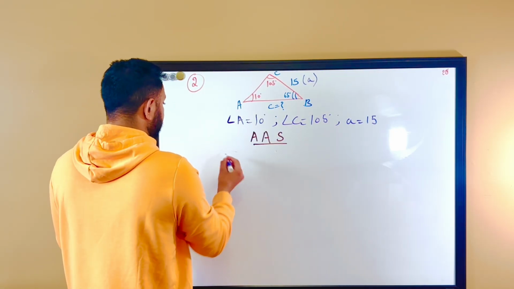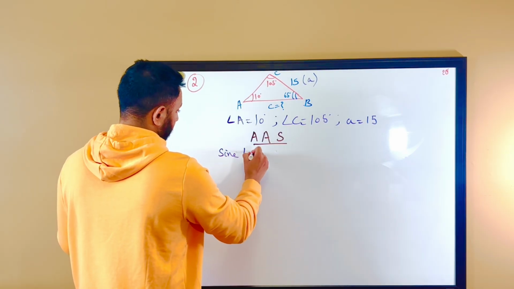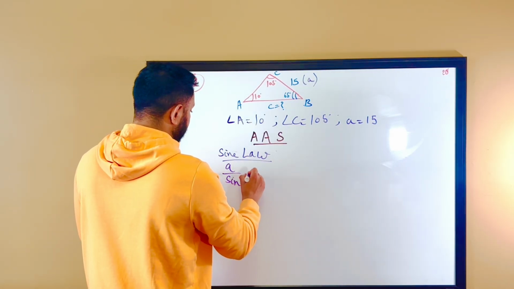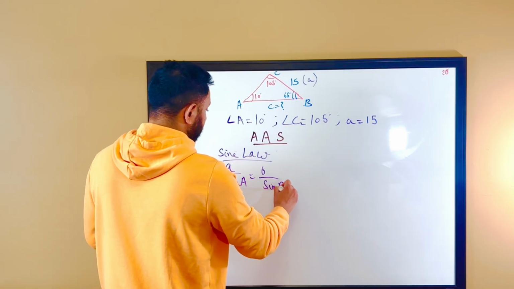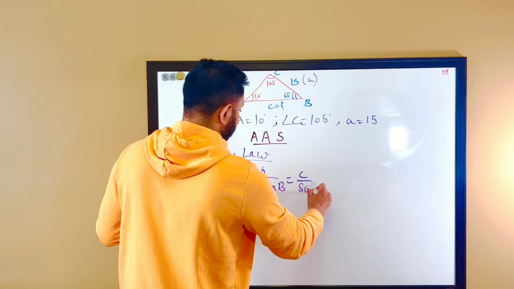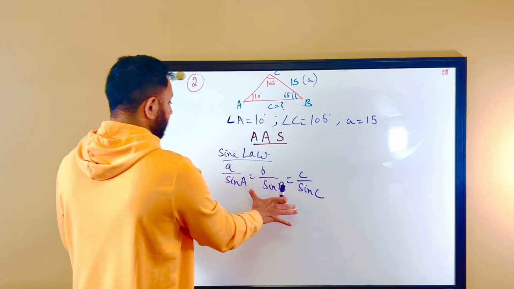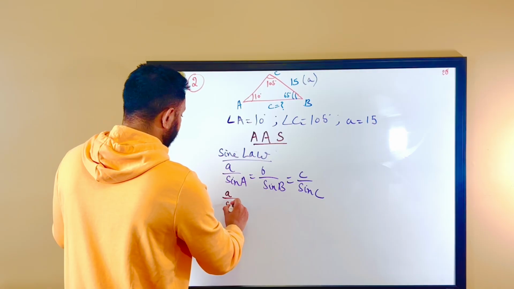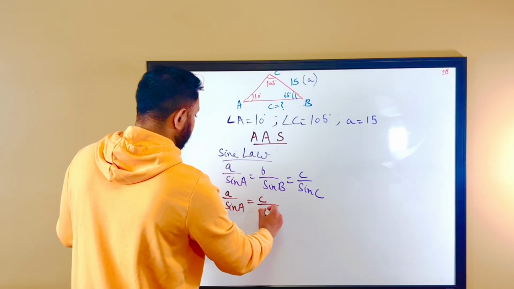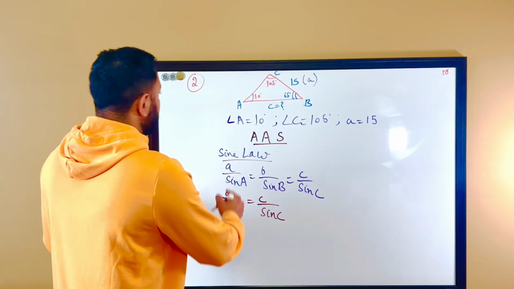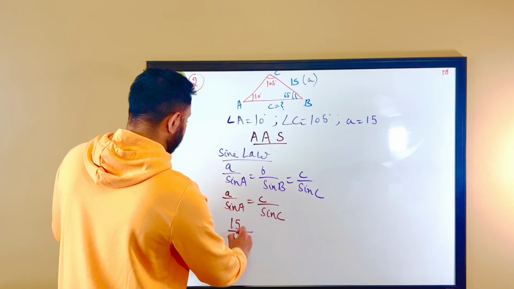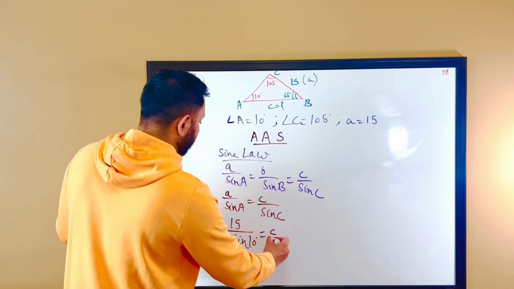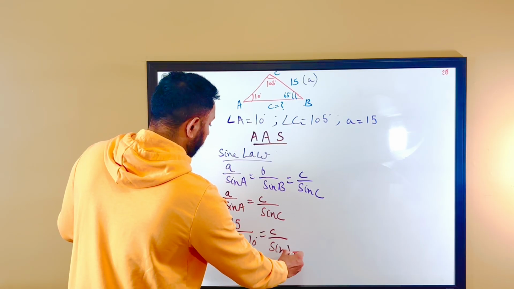So according to the law of sines, a over sine A and b over sine B and c over sine C. We're going to use these two ratios: a over sine A and c over sine C. So what is a? 15, and sine of A, 10, and small c that we need to find out, and sine of 105.